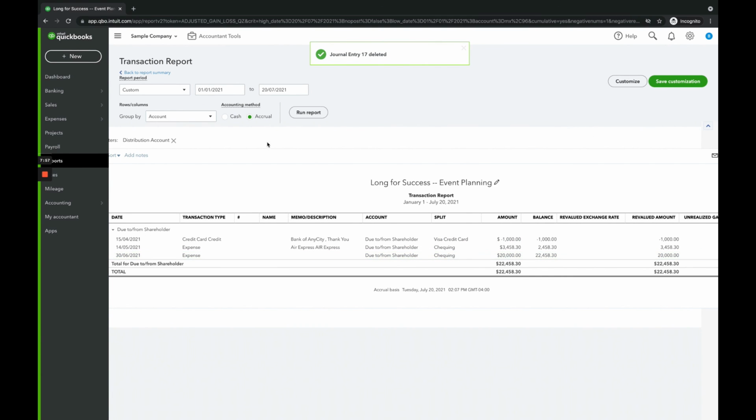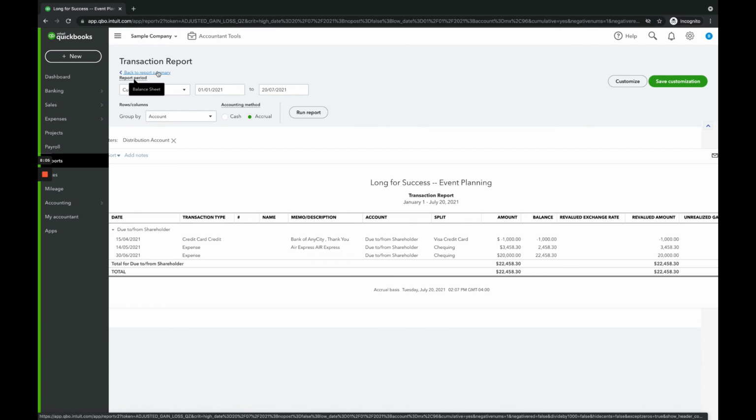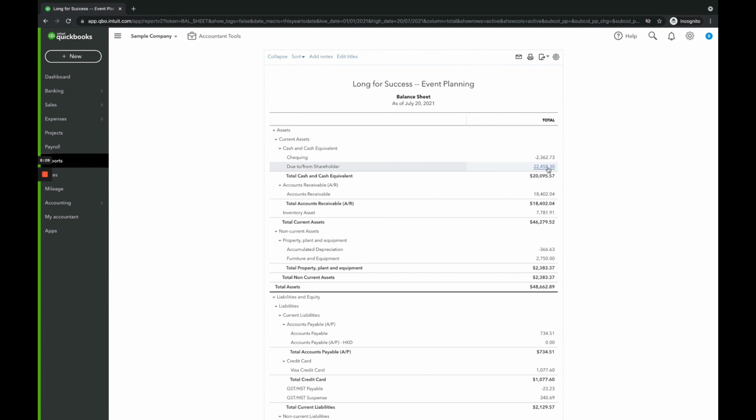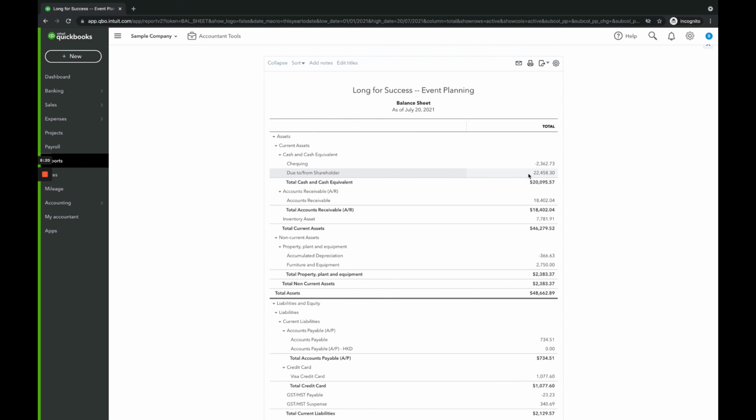Now, it will be a different story if, let's say, we take this 60,000 out. Okay, so the account is now in debit. As you can see, it's a positive number. So it's positive 22,000, which means you owe the business 22,000. You could either pay the business back the 22,000, but most business owners like to declare this as dividends, and keeping it as a loan from the business to you, meaning you owe the business money, will depend on your accountant.